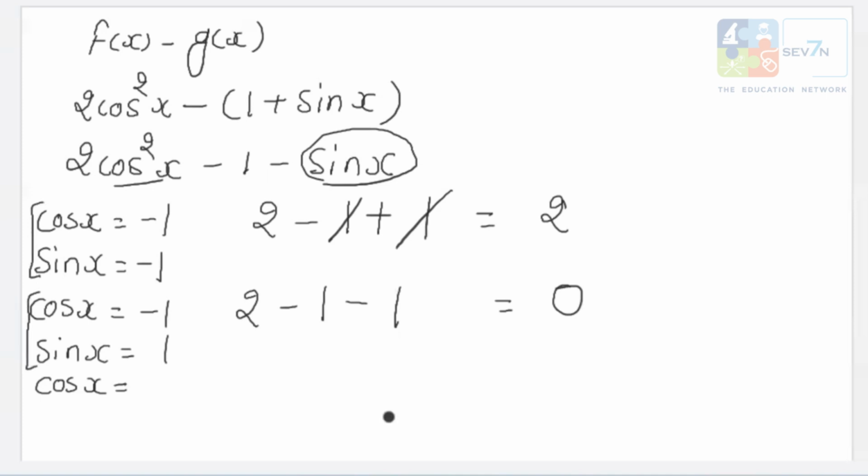Your third case will be if cos x is +1, but sin x is -1. So this will be same, 2 minus 1 and plus 1. The answer will be 2 only, right?